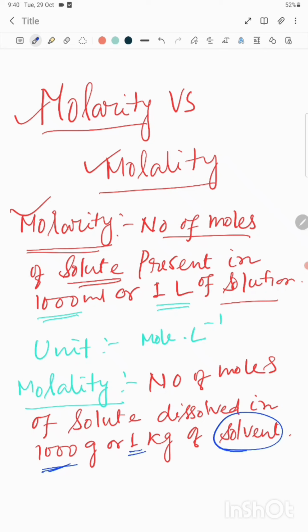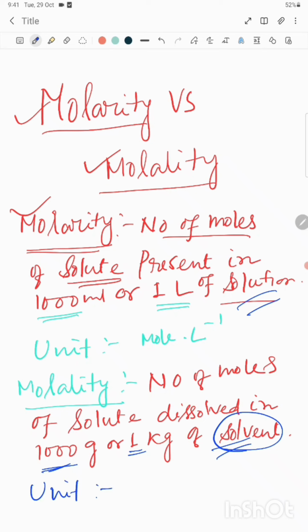Sometimes we think of this as solution also, but no, it is solvent. It is quite different. Solution and solvent are not equal, because solution means solvent plus solute. So we have to focus on these two terms also, solution and solvent. So what will be its unit?